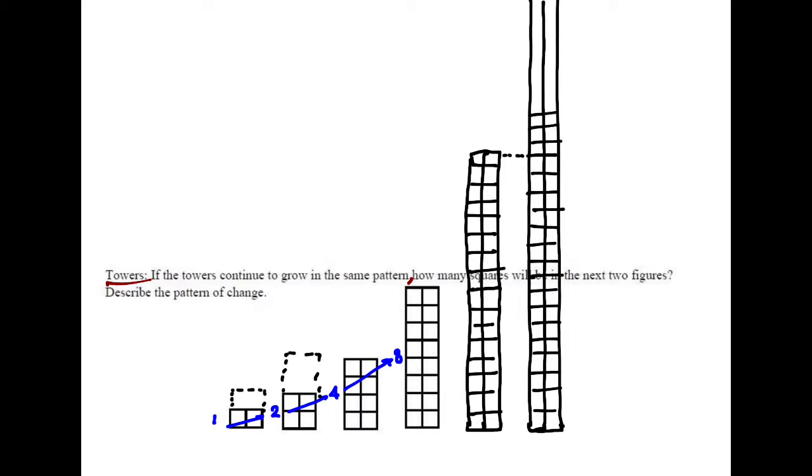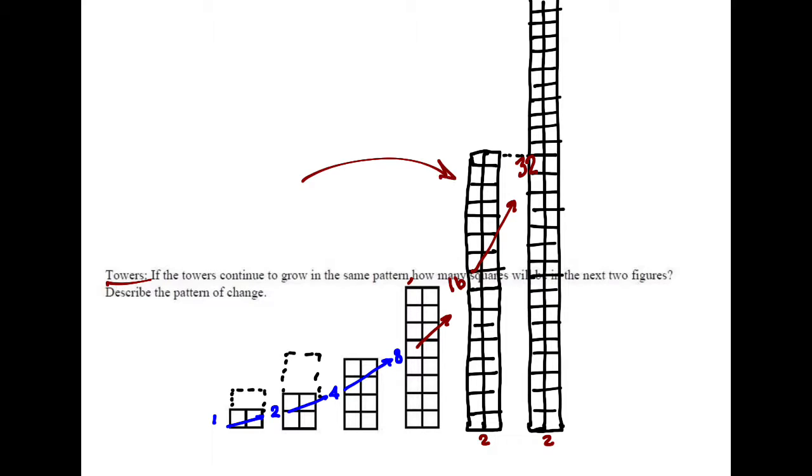I'm probably not drawing enough lines here, but you get the idea, right? So this next one is going to be 16 tall, and this one is going to be 32 tall. 2 across and 32 tall. So, did it answer our question? How many squares will be in the next two?